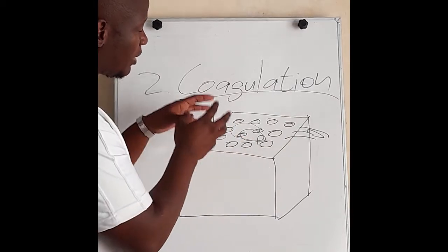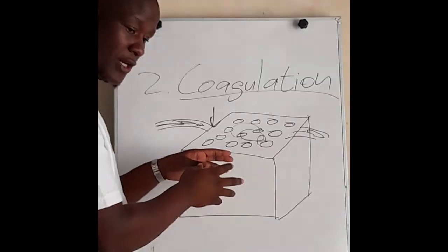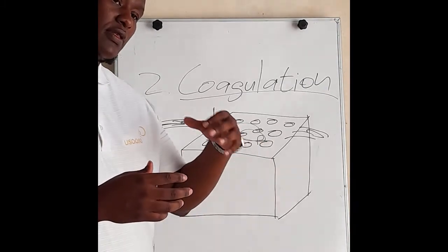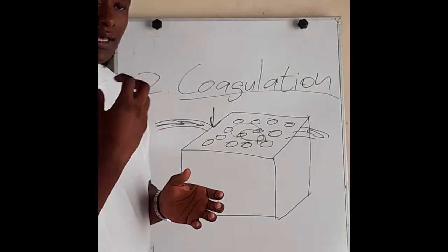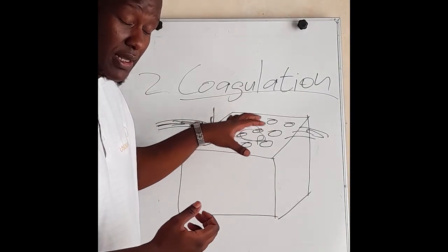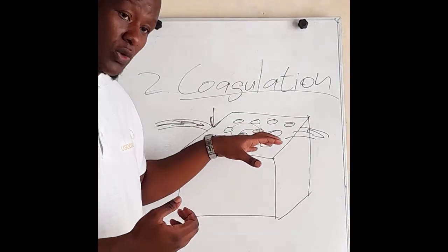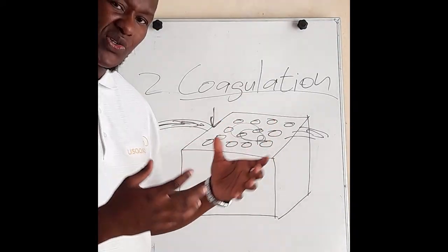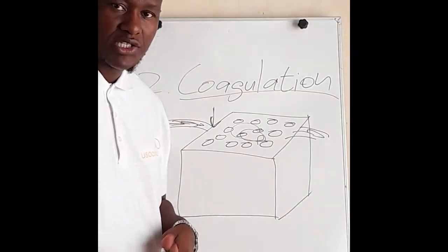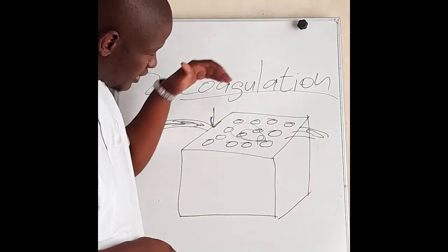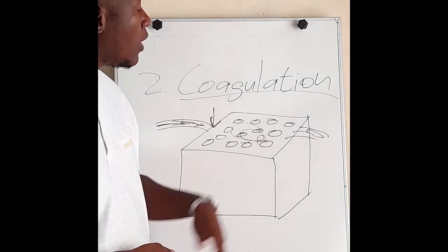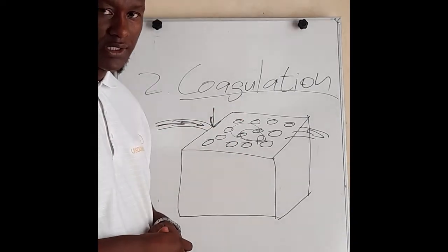By applying that coagulant, you are trying to bring the solid particles that are floating in the water together. Then when it comes to the following stage, flocculation, we'll discuss it further, because that's where it makes more sense why we actually need this coagulant.